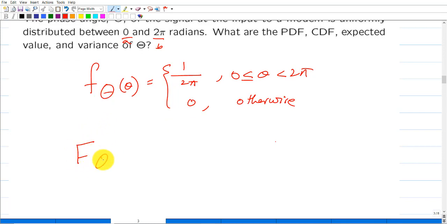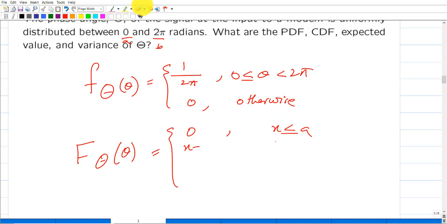F sub Theta of theta is equal to 0 for theta less than or equal to a, which is here 0, and x minus a, which is theta minus 0, theta over b minus a, 2 pi minus 0, so theta over 2 pi.